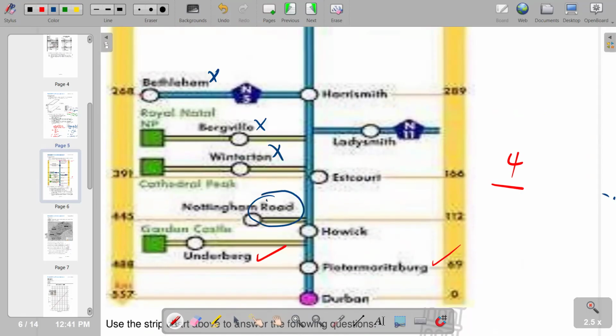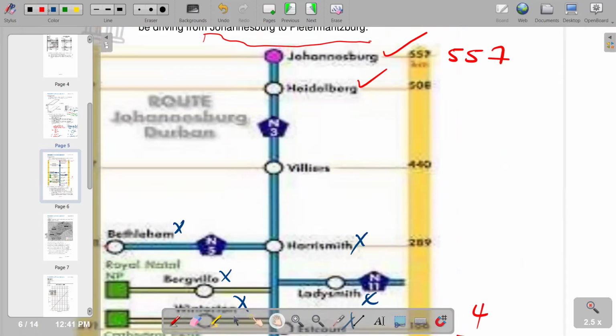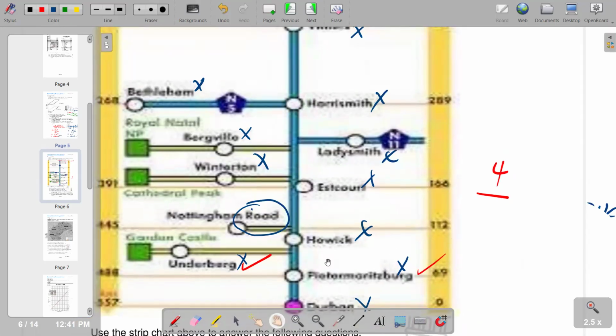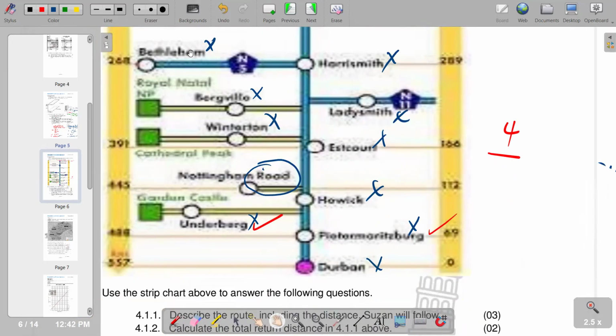It's not a town. And then we've got Durban, Pietermaritzburg. These are all towns that we have. So to get the total number, we are now saying 1, 2, 3, 4, 5, 6, 7, 8, 9, 10, 11, 12, 13. So we have 13. So this is going to be our denominator.